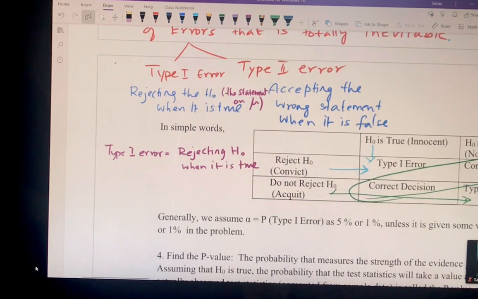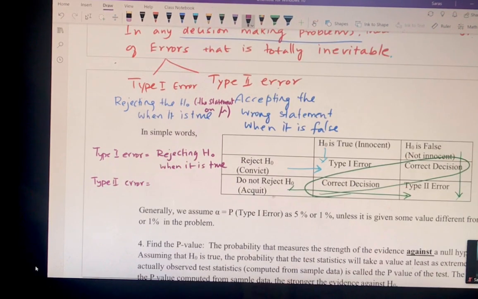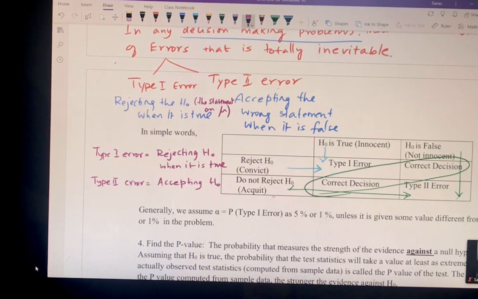What is type 2 error? The type 2 error is going to be accepting, or you can say do not reject. Because I have little room here, I'm writing it as accepting the null hypothesis when it is false, when it is wrong.